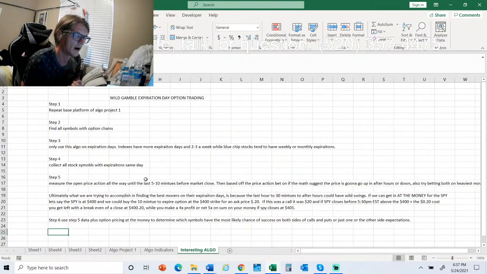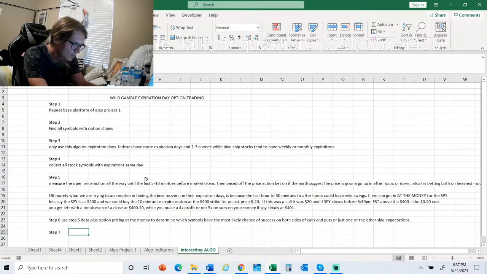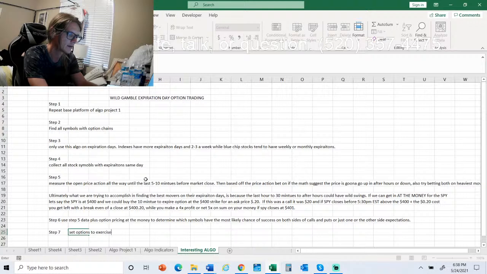Alrighty. Step 7. Set options to exercise into stock before 5:30 p.m. if price is reached, and make sure your account has access to after-hour trading.